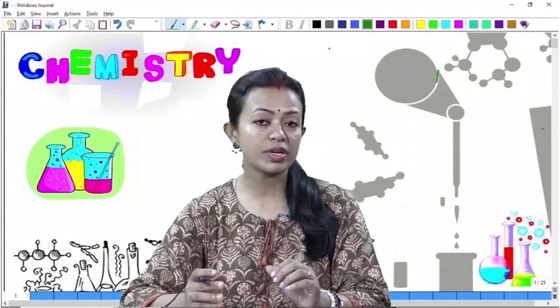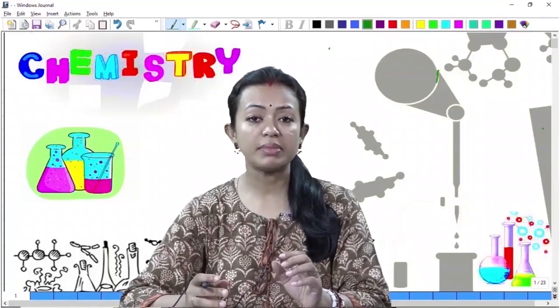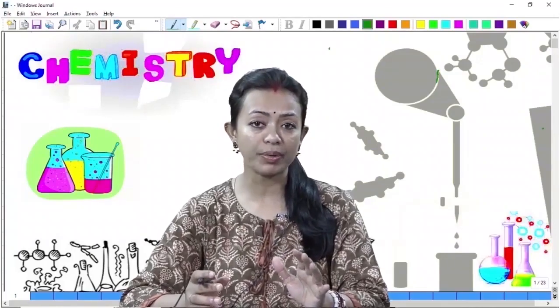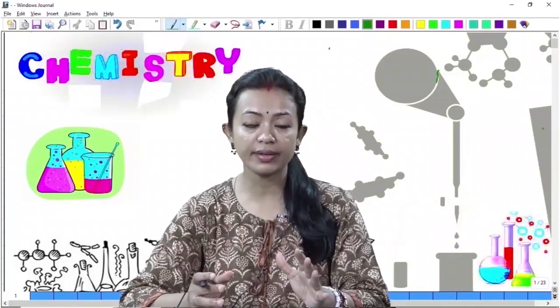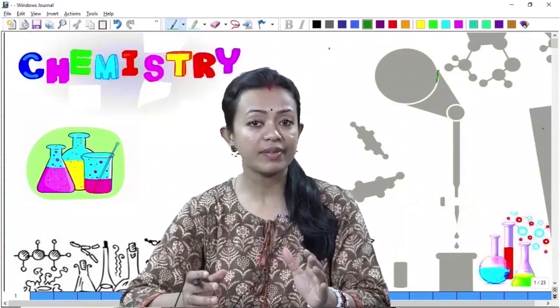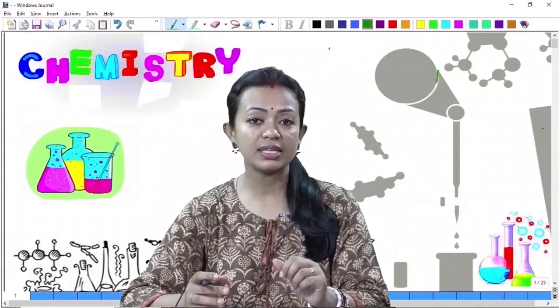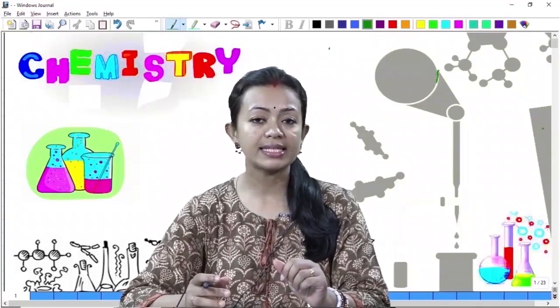When we concentrate on mixtures, we find that mixtures are basically composed of two or more different components which are combined together without any chemical bond between them. That means they retain their individual properties and can be distinguishable or separable.